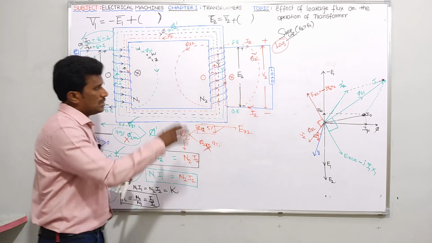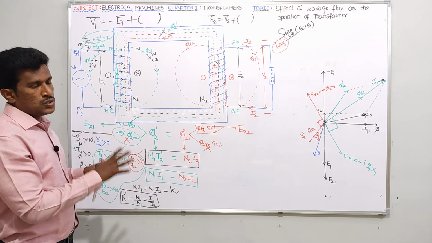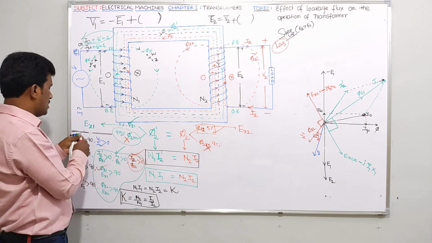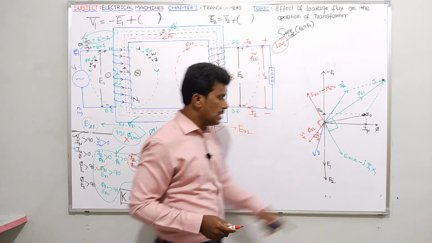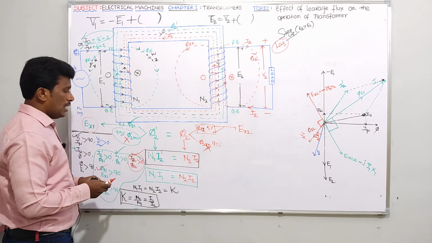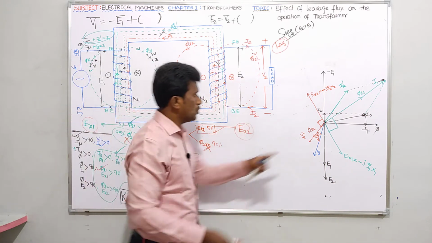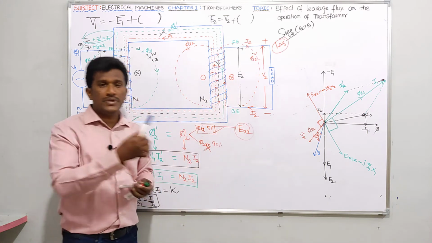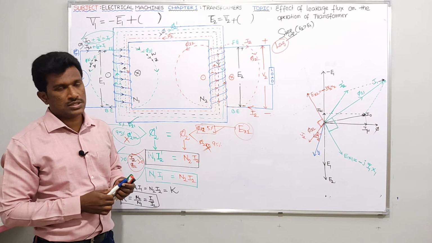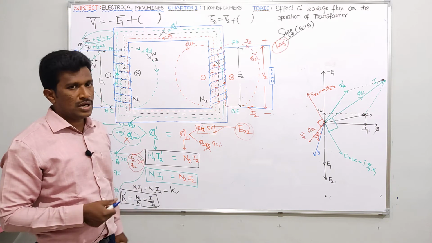Now, what is the conclusion? Till now I am able to show the useless EMF Ex1 on the primary side, and the useless EMF Ex2 on the secondary side. Now let me compensate those things. Tell me, on the primary side, how can you compensate those things?